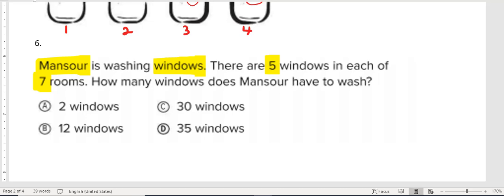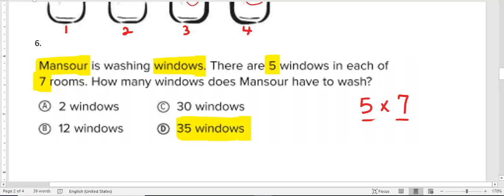There are 5 windows in each of the 7 rooms. So to know the total number of windows, you just have to multiply 5 and 7. So 5 times 7 will give you 35. So in total, Masu is going to wash 35 windows.